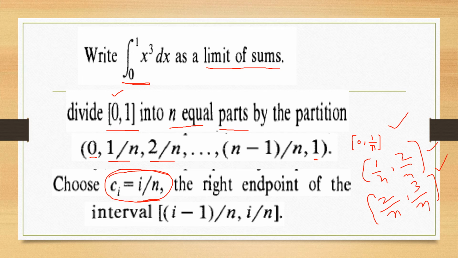According to the definition of Riemann sum, let us continue. We have selected Ci and our function is x cube.